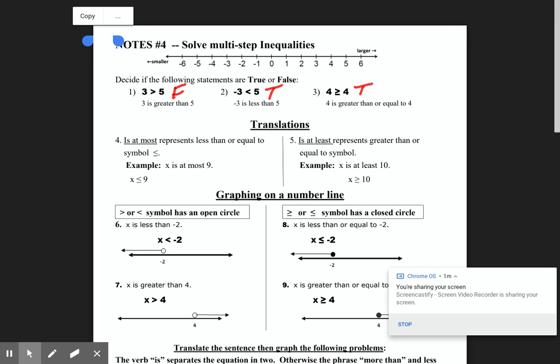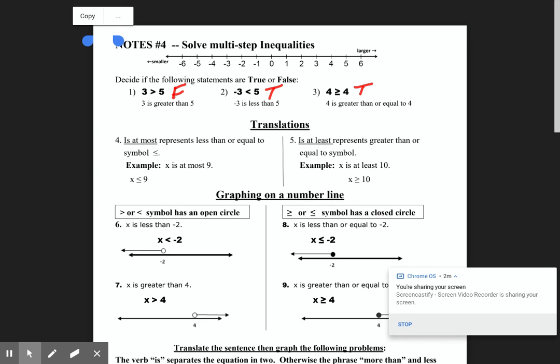I don't know if it would be helpful or not, but I have used the phrase, just in general, sometimes less is more. So like on number 5, you have least, but it's the greater than symbol.